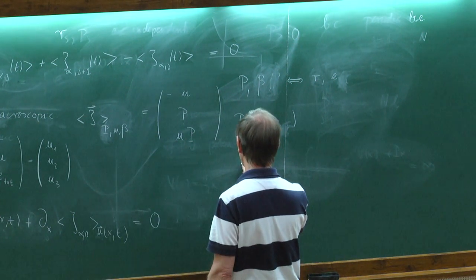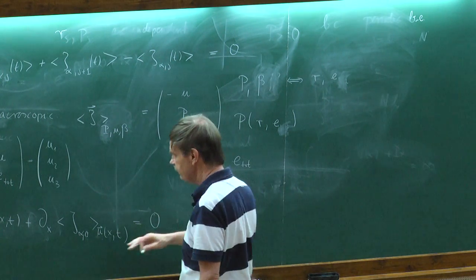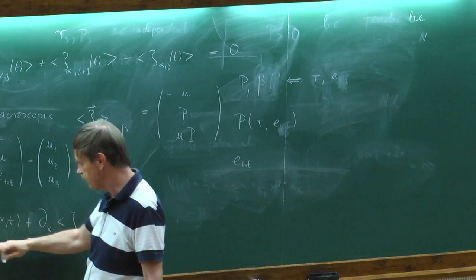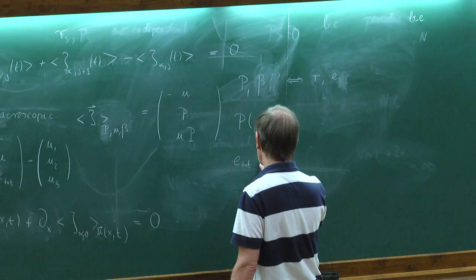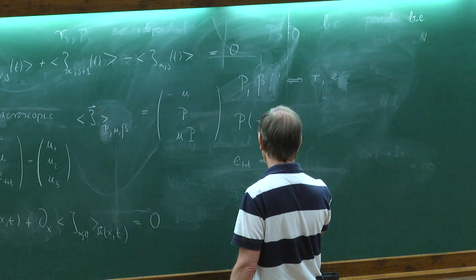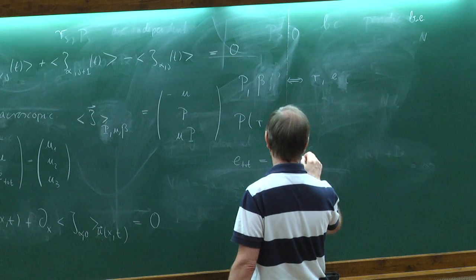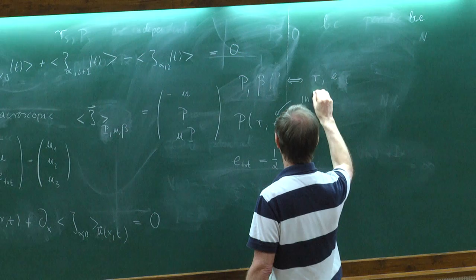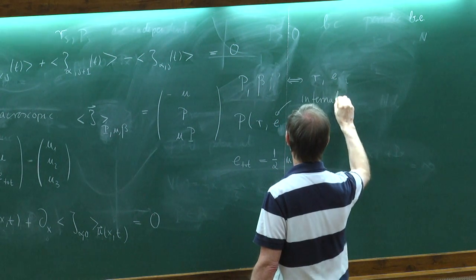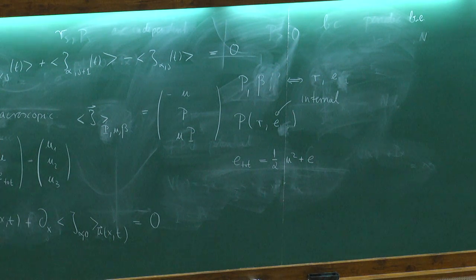And so all that I have to use now is that E total, that's the total energy, the one which is the conserved quantity, which appears in this list here. And this is nothing else but the kinetic energy, which is 1/2 u squared, plus the internal energy. So this is internal, and this is total. So that's one thing which one has to take care of.